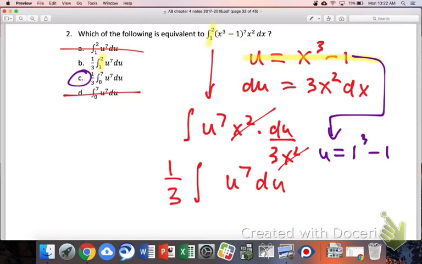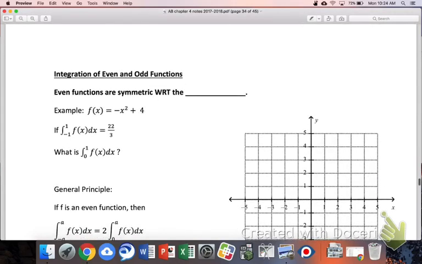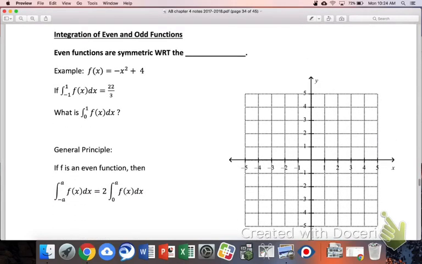Okay, cool. I got 1 minute left. Let me make sure you guys remember something. Do you guys remember anything about even and odd functions? Let's just do 2 quick fill in the blanks, and then we'll get ourselves ready for tomorrow.